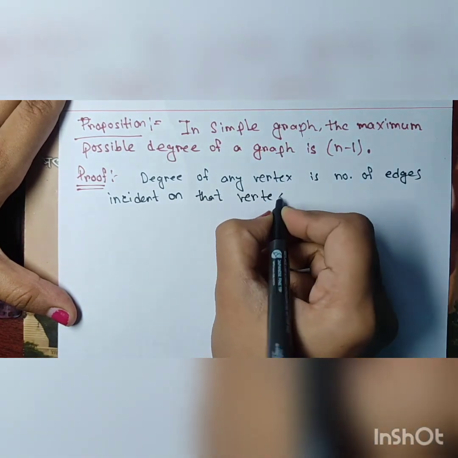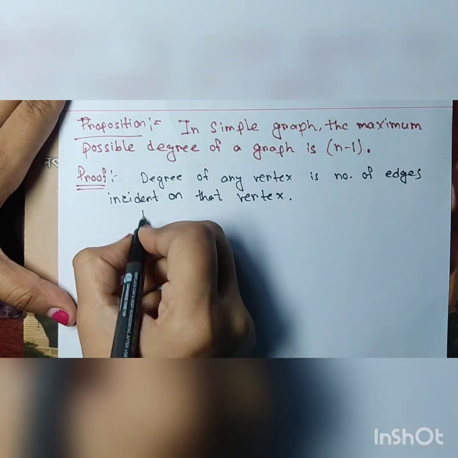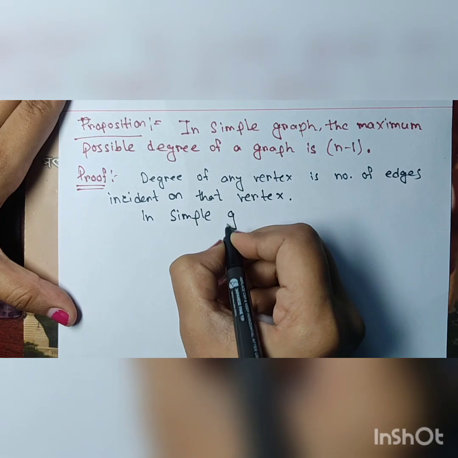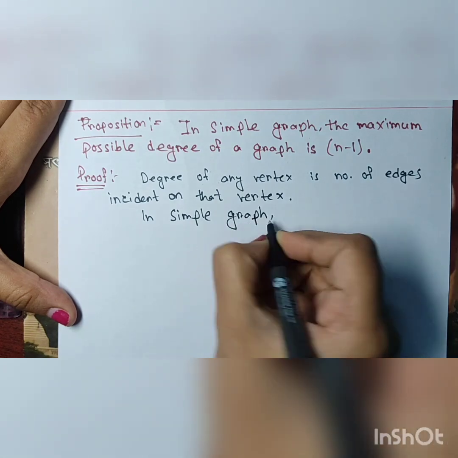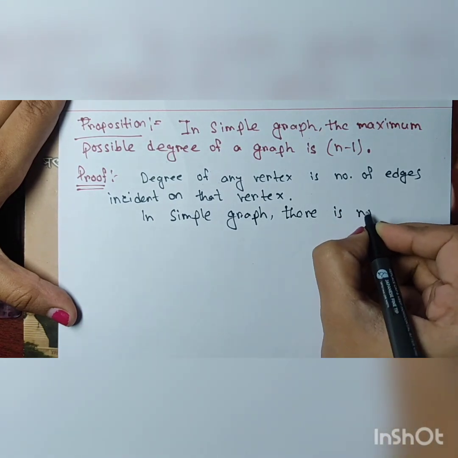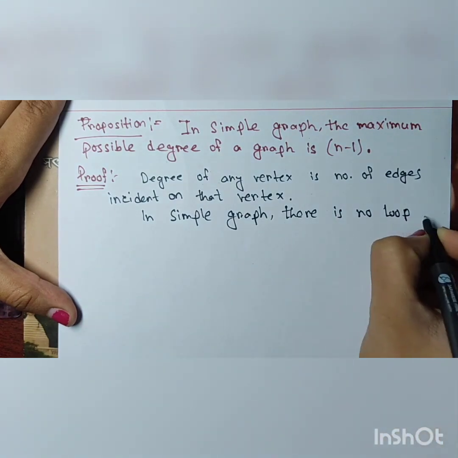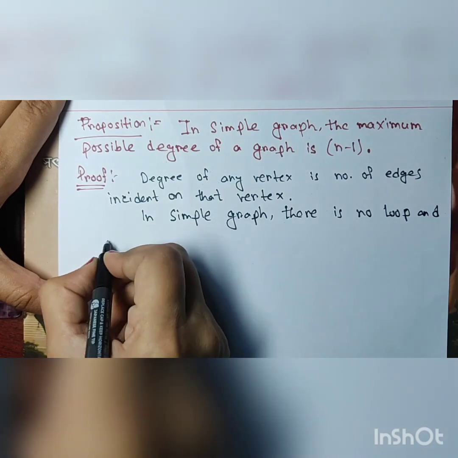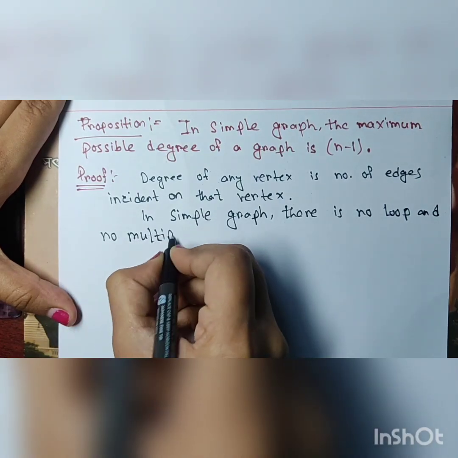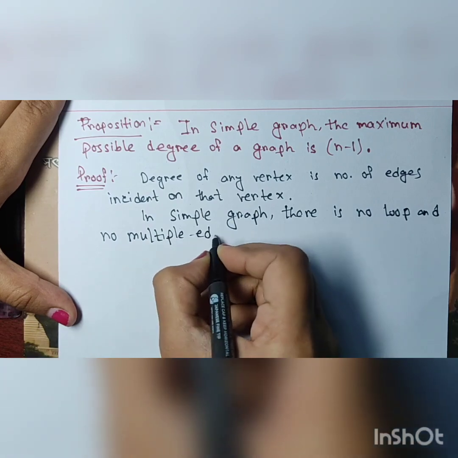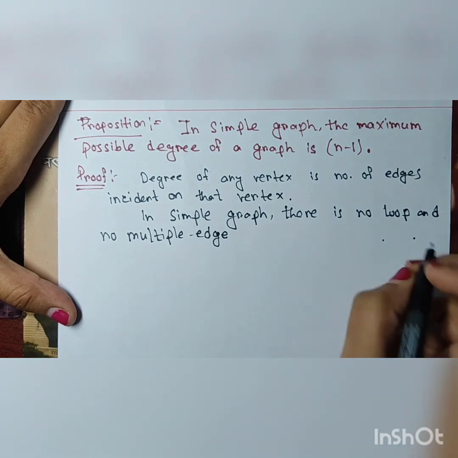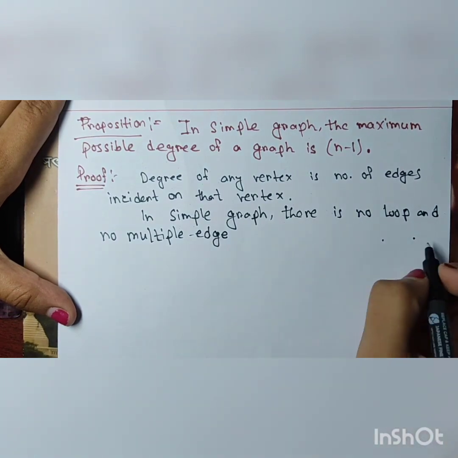Okay, so since there is no loop and no multiple edge in a simple graph, the only edge is a simple edge, that is between any two vertices there can be at most one edge.